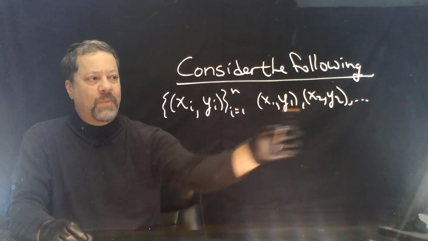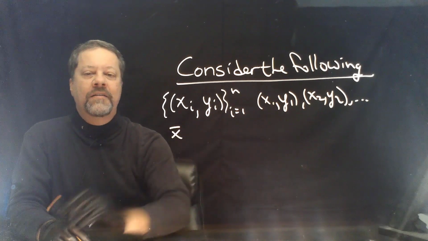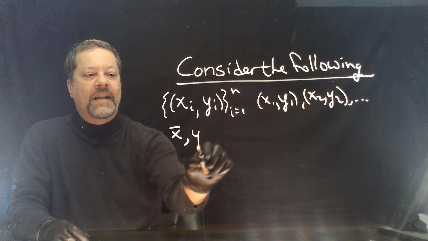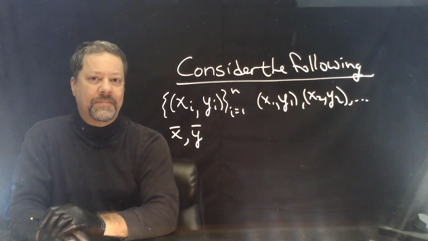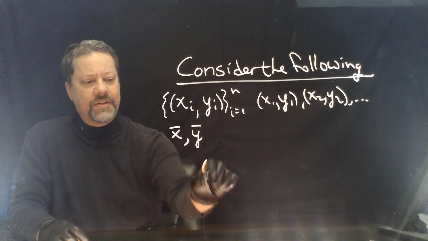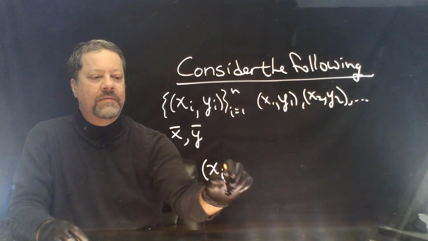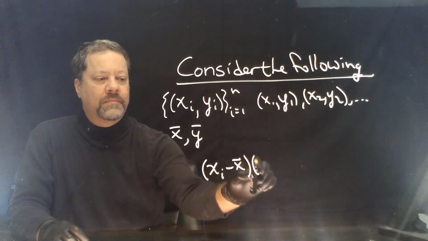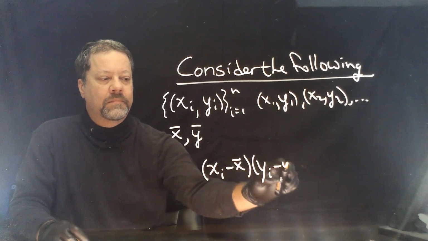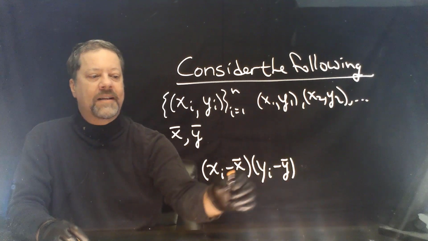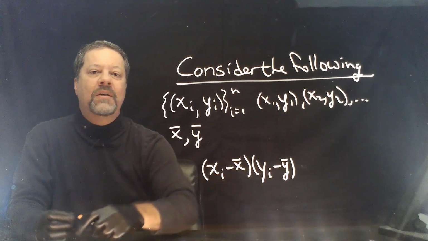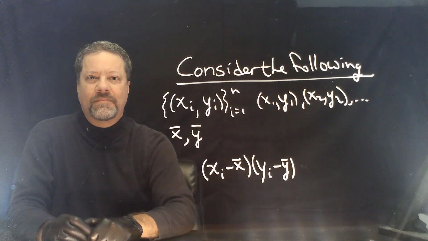Now, these points will have a mean for the x's and a mean for the y's. So consider the following product: xi minus x bar times yi minus y bar.